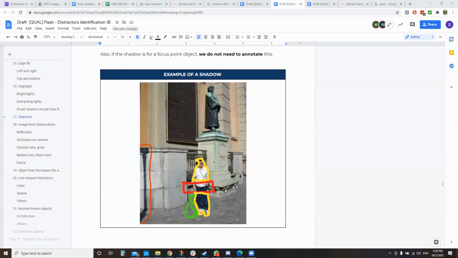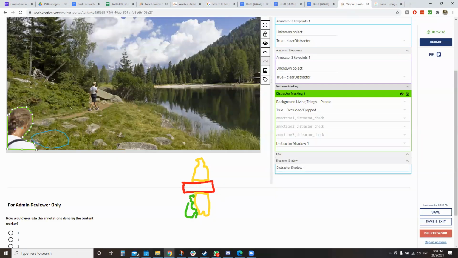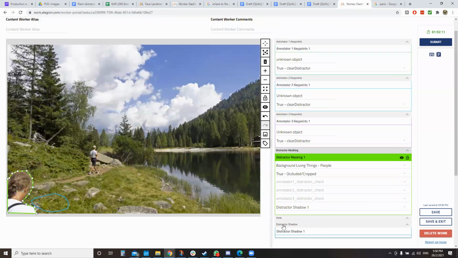You don't have to relate to this one, unless actually you can also relate this shadow to this distractor and this distractor also. Let's try and see here. So let's say I draw another distractor masking here.